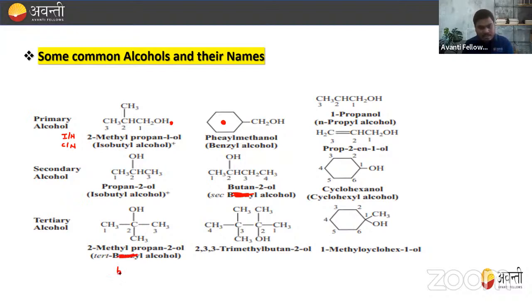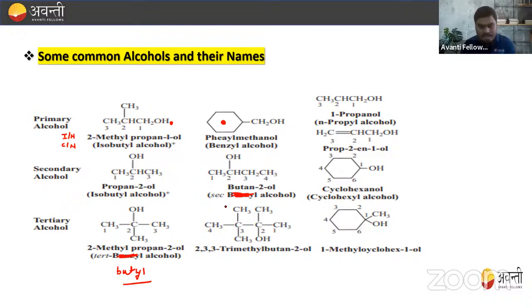This is tert-butyl alcohol. This is not benzoyl. This is called tert-butyl alcohol. The IUPAC name is 2,3,3-trimethylbutan-2-ol, and this is known as 1-methylcyclohexan-1-ol. So these are some common alcohols and their naming.